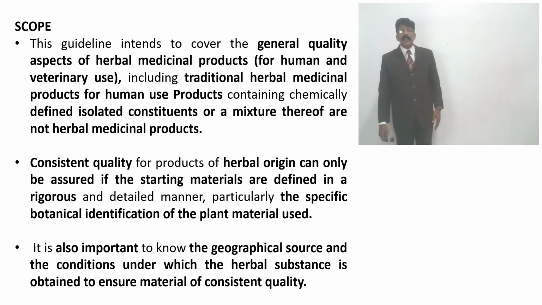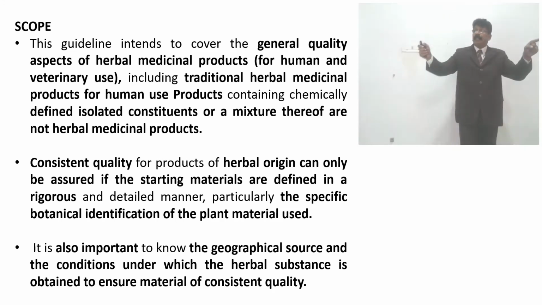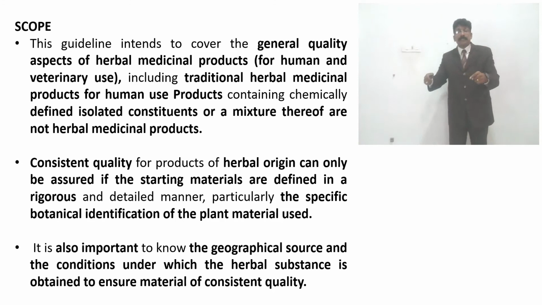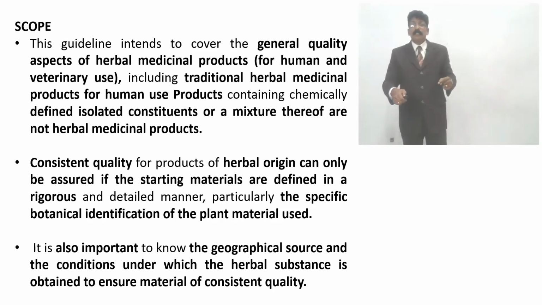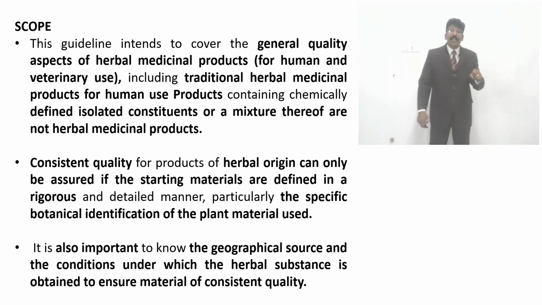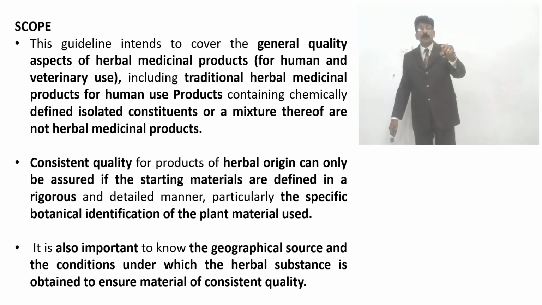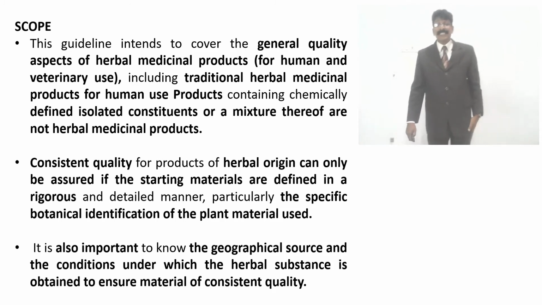It is also important to know the geographical source, where it is collected and where it is cultivated, and the conditions under which the herbal substance is obtained, to ensure material of consistent quality.